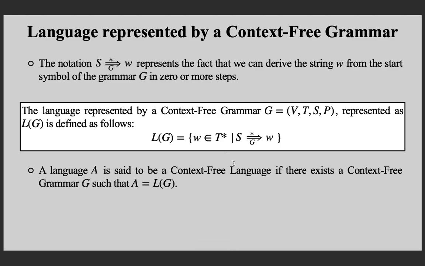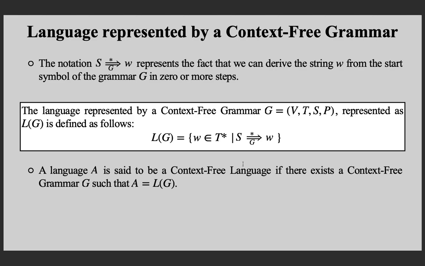And a language is said to be a context free language if there exists a context free grammar G such that the language is generated by that grammar. If that language is the language represented by a context free grammar, then the language is called context free.